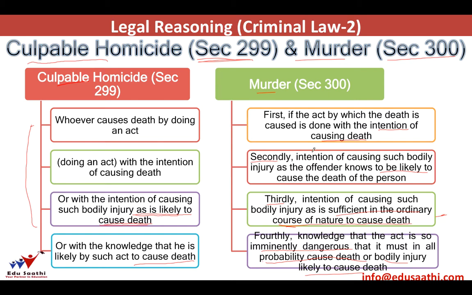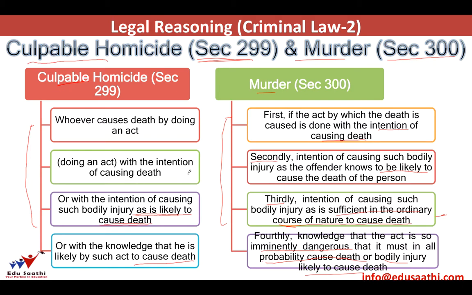So the concept of murder is grave in nature and has a narrower scope as compared to culpable homicide, because the injury which is done in case of murder is graver in nature.